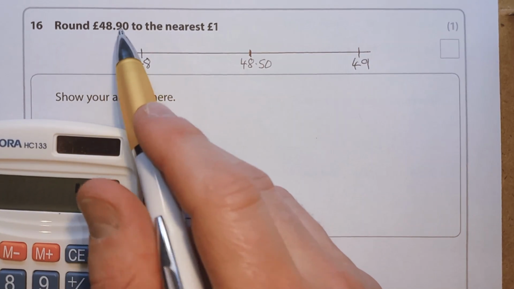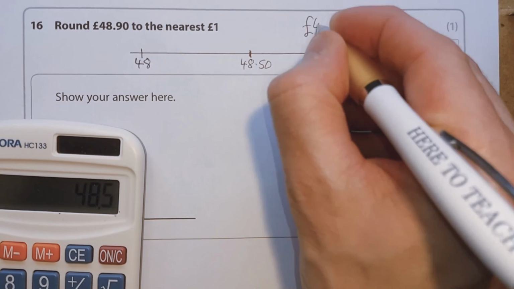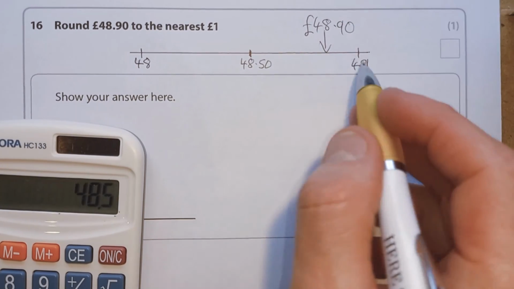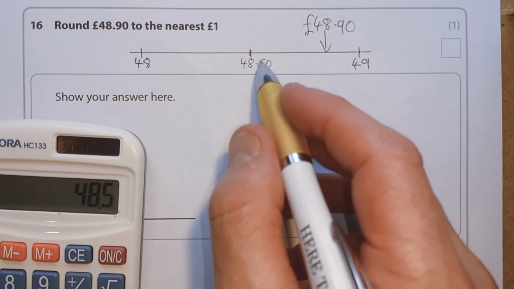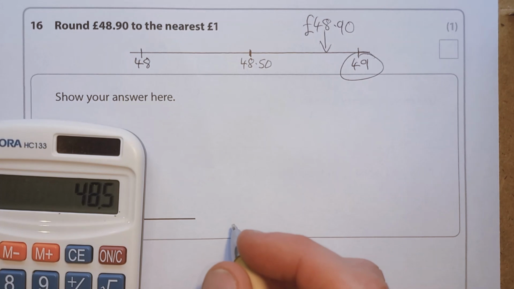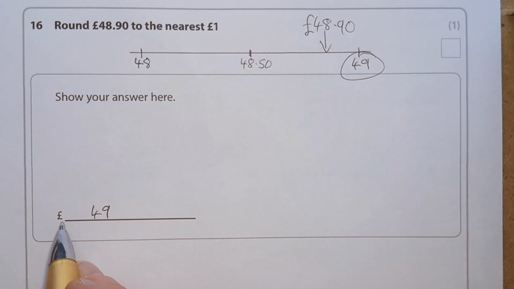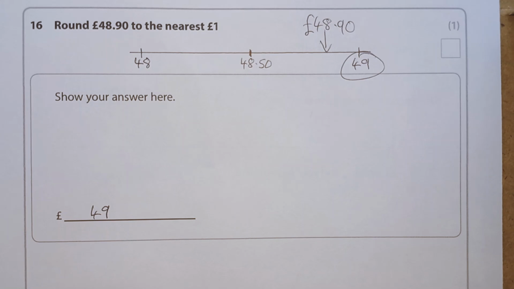This is 48.9, the 9's after the 5, so it's going to be somewhere up here. Doesn't matter exactly where, the important bit is that it's on this side of the £48.50, which means our answer is going to be 49. And they've already done the pound sign for us.